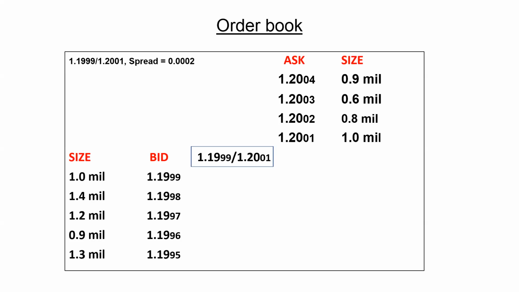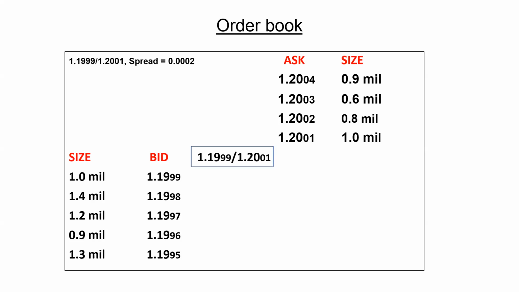On offer at prices of 1.2001, 02, 03, 04, you can see the different sizes on offer at those prices at this particular point in time. Obviously, those numbers will be changing all the time because people will be withdrawing their offers, adding new ones, or changing their sizes, that kind of thing.